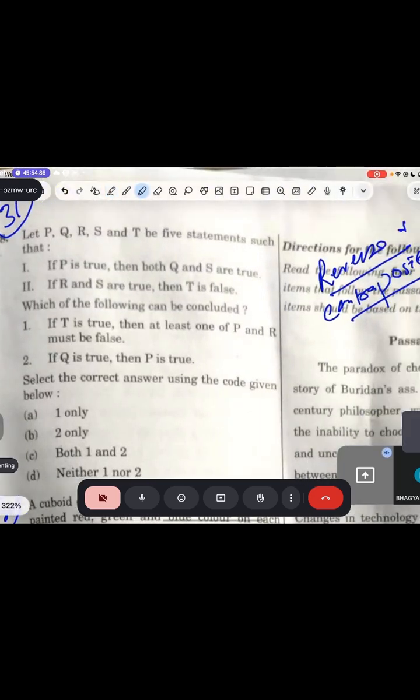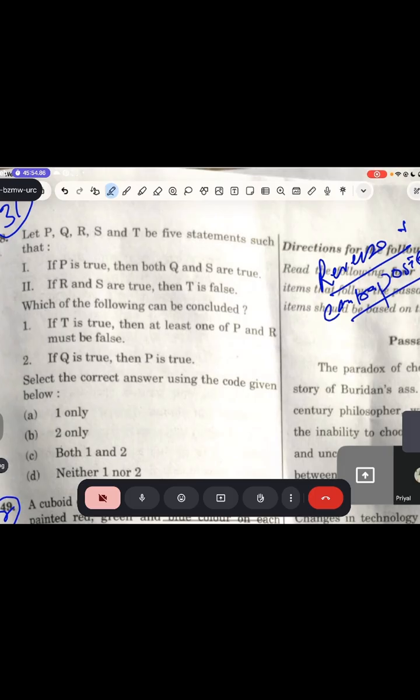Read Priya this question. Yes, here I will tell that doubt you asked. Read Priya. Let P, Q, R, S, and T be 5 statements such that if P is true, then both Q and S are true. If R and S are true, then T is false. Which of the following can be concluded? If T is true, then at least one of P and R must be false.